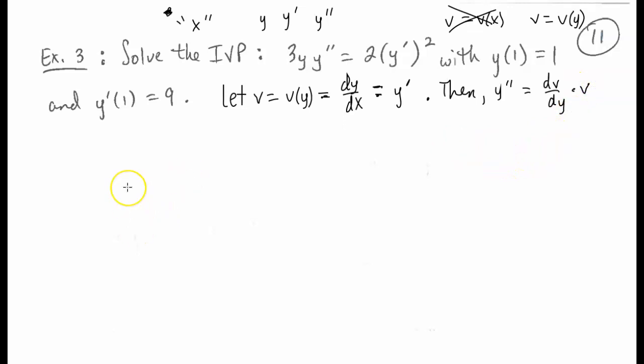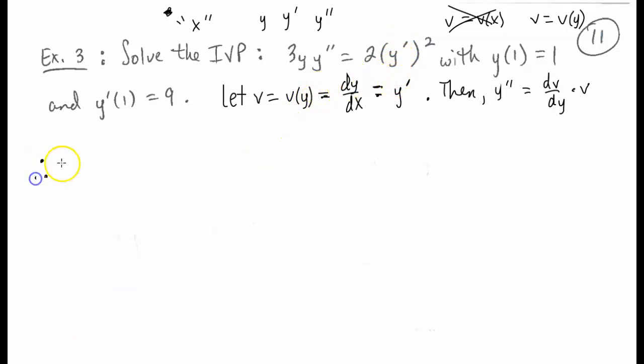Since we already know that, I'm just going to use it. Now what we need to do is make our substitutions here. Where we see y double prime, we're going to replace that with v dv/dy, and where we see y prime, we're going to replace that with v.